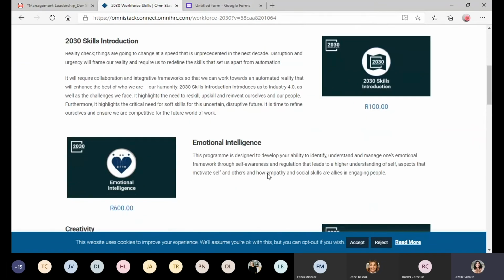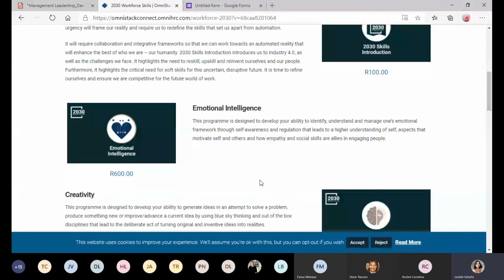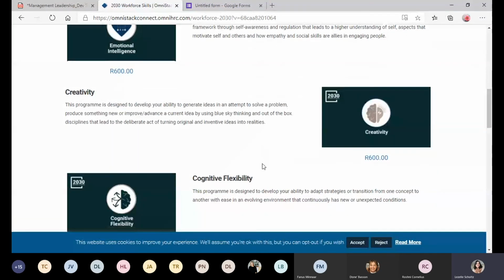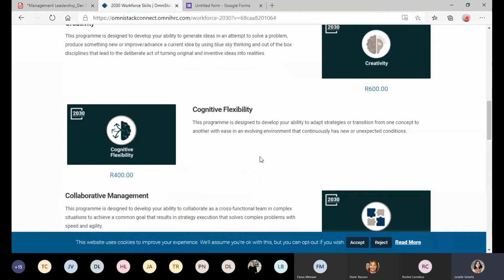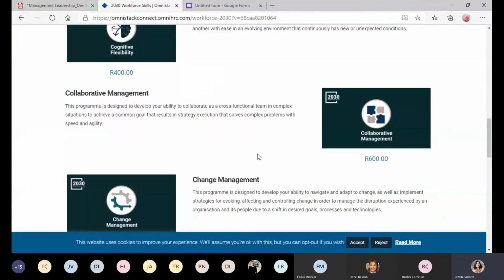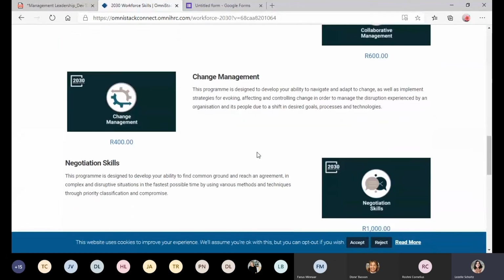Then we have our emotional intelligence, which has also been highlighted as a critical skill in this day and age. Creativity is also part of the Workforce 2030 offering. There's cognitive flexibility, and just moving through the different programs, collaborative management, change management.